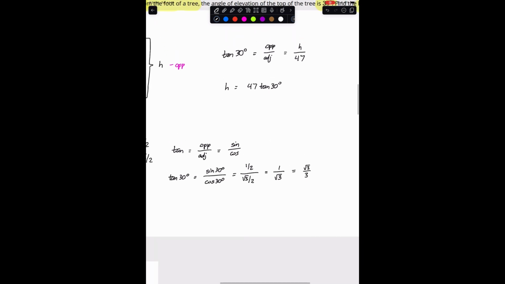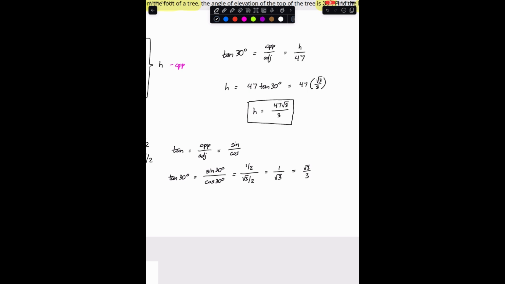Okay? That means our height is now equal to 47 times root 3 over 3. And our final height, or our most simplified height, is 47 root 3 over 3.